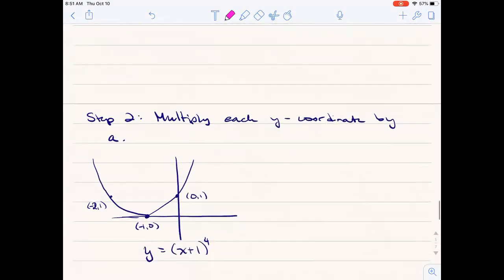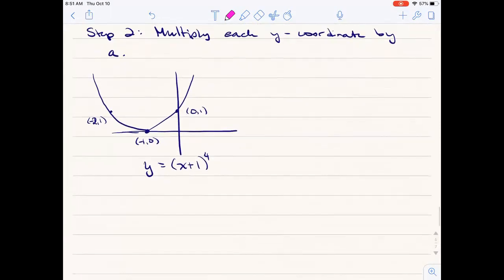So now what we're doing is we're going to multiply each of these y's by negative 2. So this one flips down to negative 2, negative 2. Negative 1, 0 times negative 2 is still 0, so it's going to stay where it is. And then 0, 1 times negative 2 is negative 2, so 0, negative 2. So it takes into account the flip.